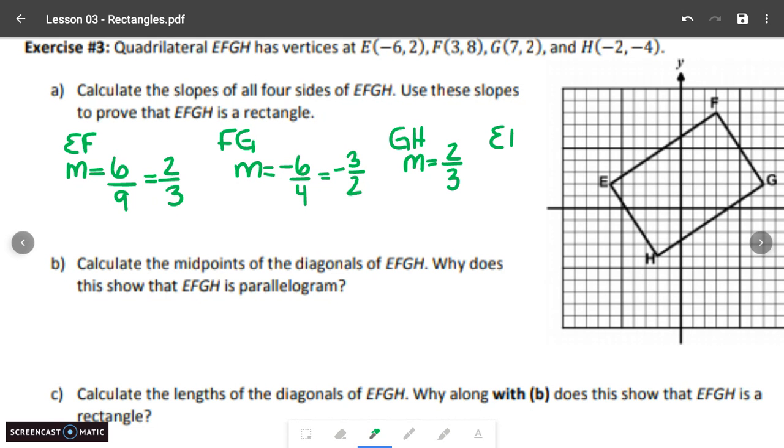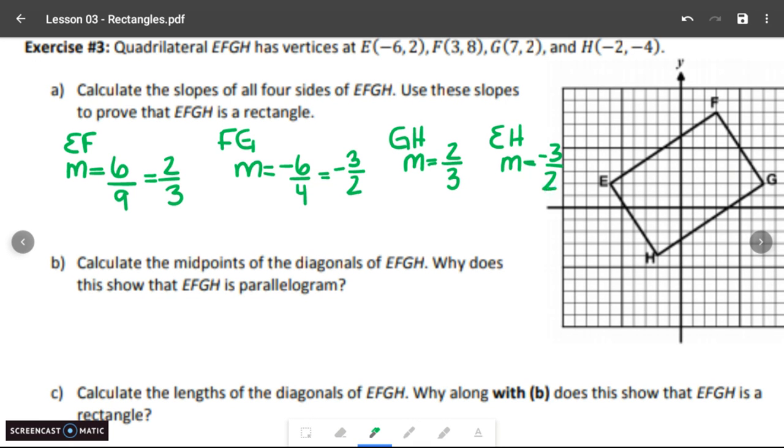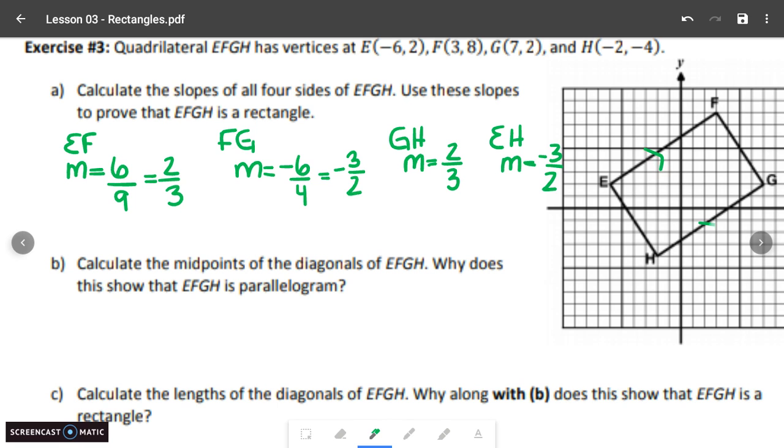And finally, EH is going to be -3 over 2. Now, luckily, the slopes are enough to prove that this is a rectangle. By seeing these slopes, we not only know it's a parallelogram because the opposite sides are parallel, but because those consecutive sides have those negative reciprocal slopes, we've just shown that there are 4 congruent right angles.